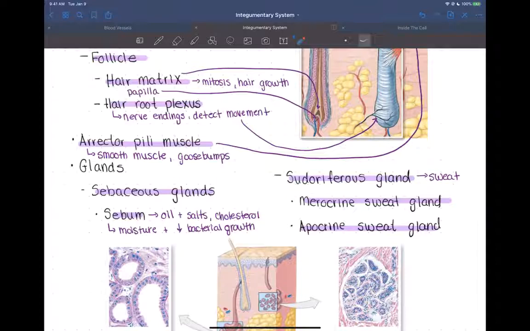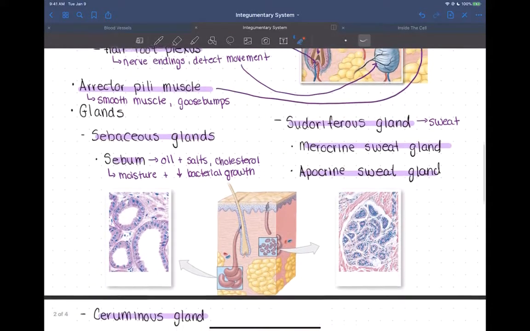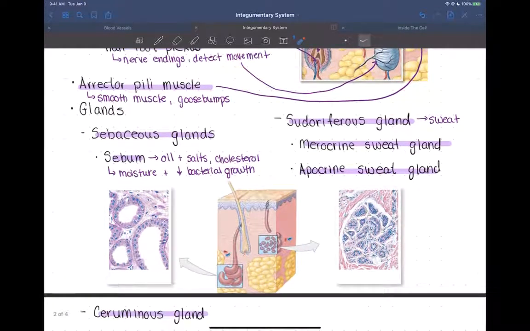All right, and they're located generally in different places on the body. Okay, and so when you're looking at a sweat gland on a microscope, the way to tell it from a sebaceous gland is because they basically look like these, it looks like a big coiled mass of yarn, right?